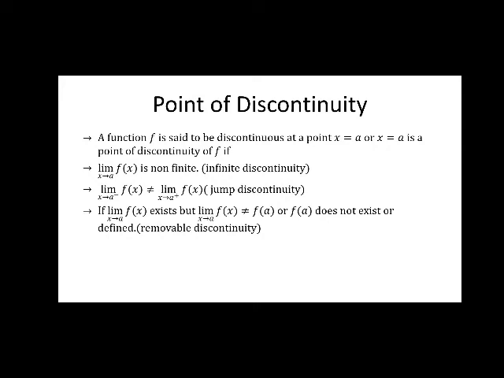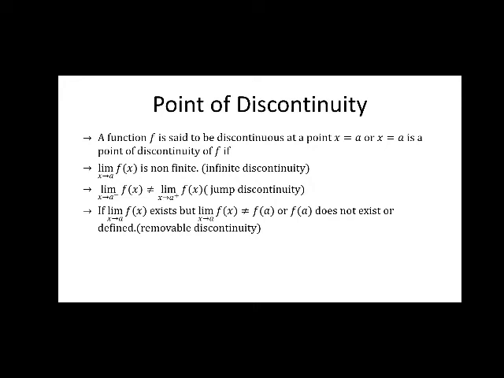In the previous example that we took, we saw that the function has values defined for all possible values of x except for one particular value. So at that point we can definitely say that the function has a removable discontinuity.